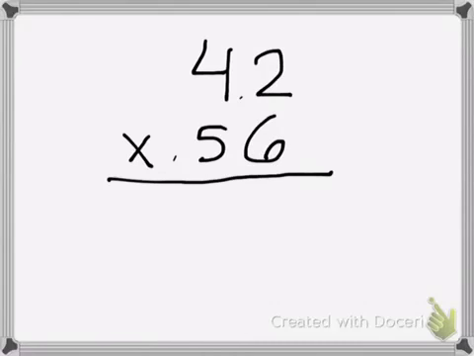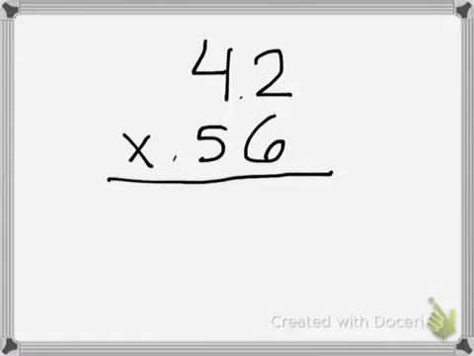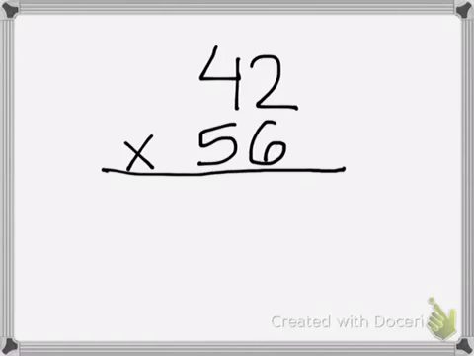So all I did was change both the decimal points and move them to make both of these numbers whole numbers. So 4.2 became 42, 0.56 or 56 hundredths became the whole number 56. So now I'm going to multiply these like normal.